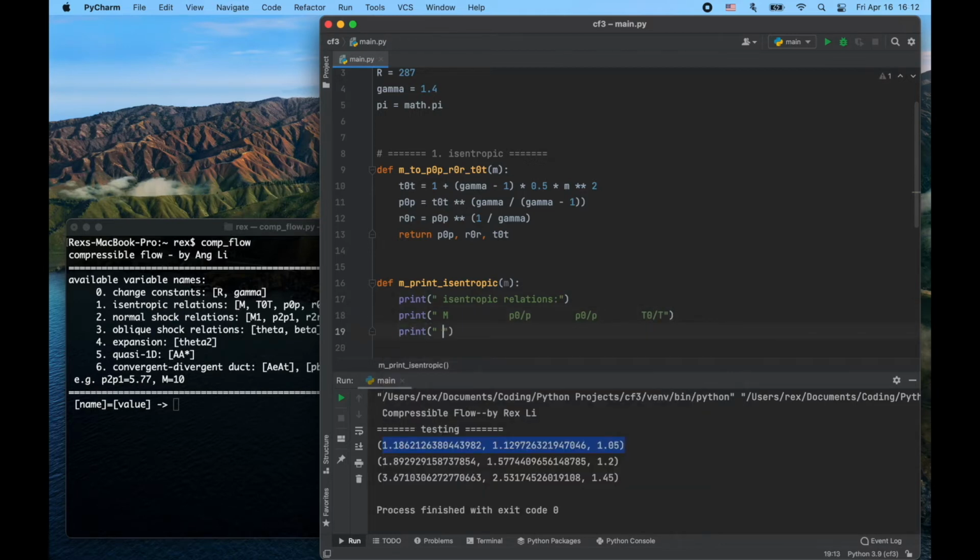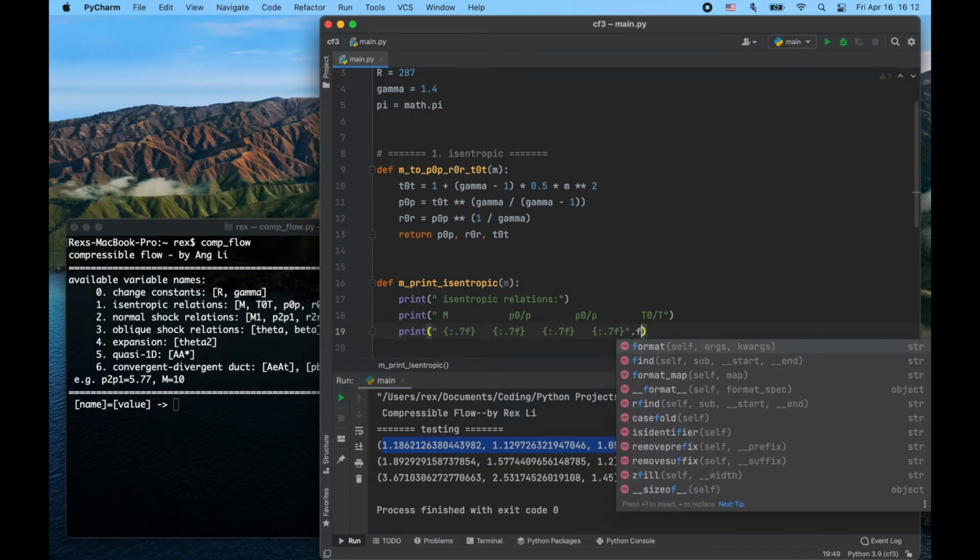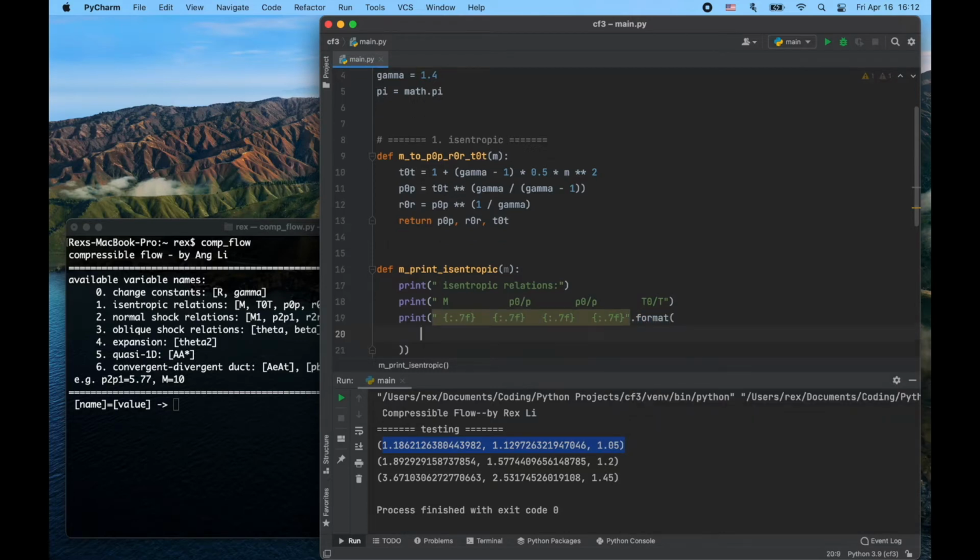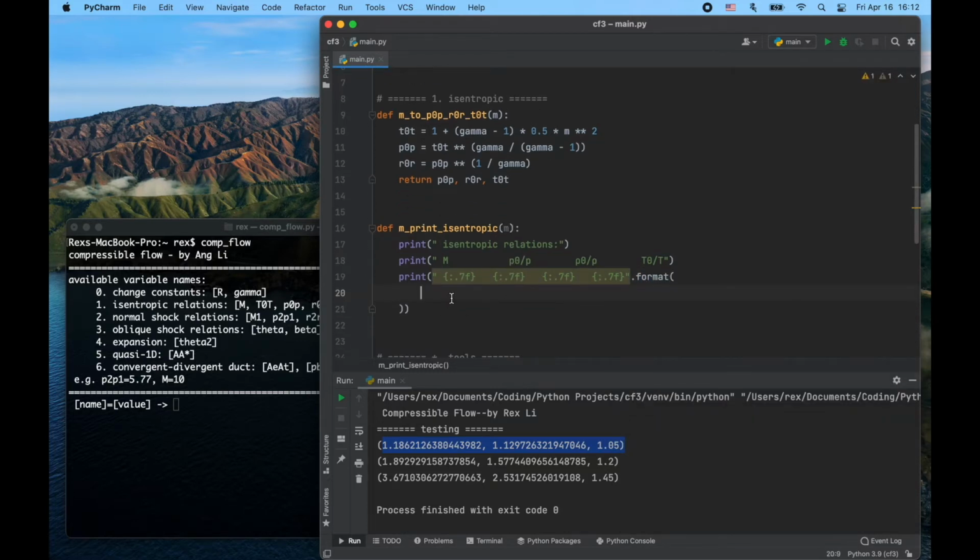Next, I print the variables. And I think 7 digits would be enough. I have 4 of them, so I just give it 4. And dot format. I pass the variables here.